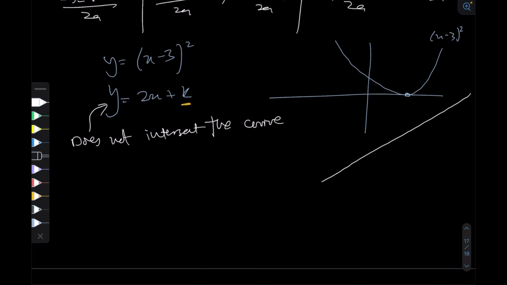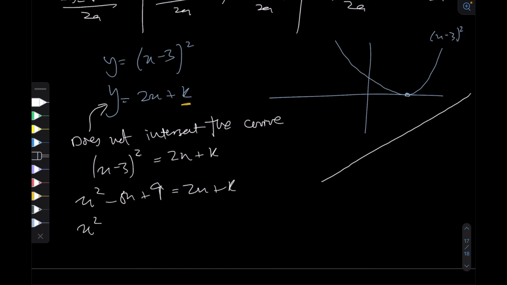What is the range of values of k for which this is true? So we will first equate the two y's. So x minus 3 whole square is equal to 2x plus k. a square minus 2ab plus b square is equal to 2x plus k. x square minus 8x plus 9 minus k is equal to 0.